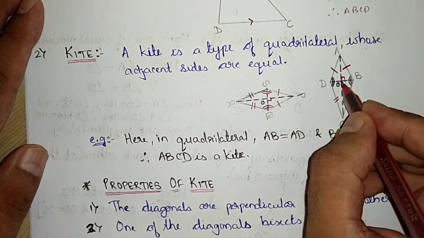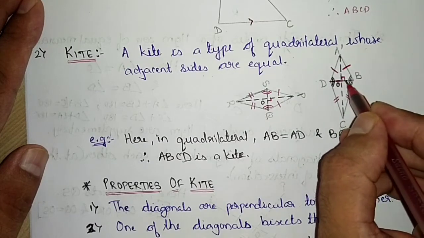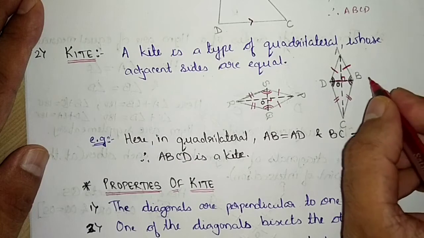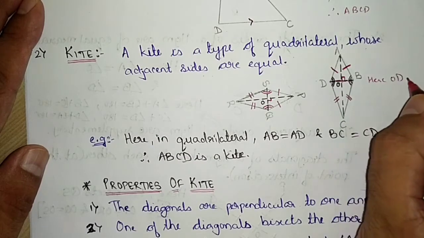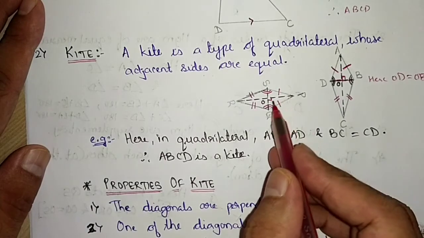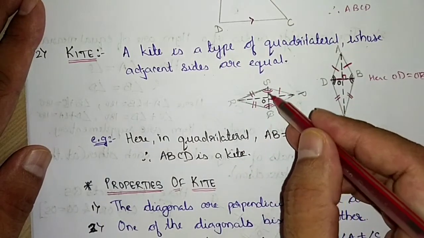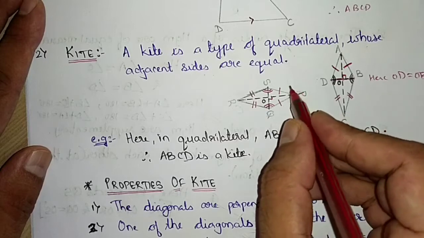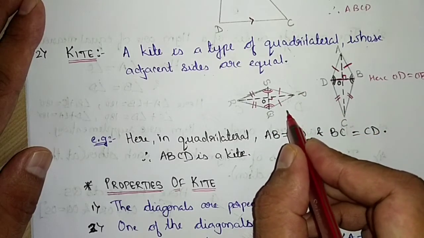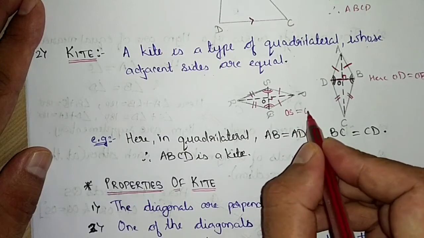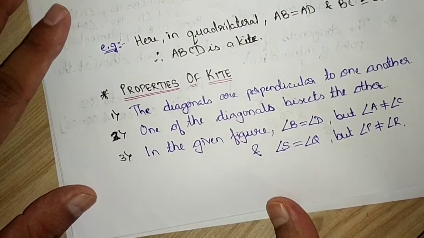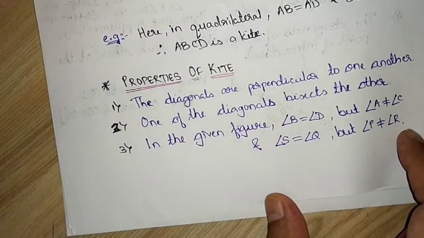Bisect means making the two parts OD and OB equal. That is, here OD is equal to OB. Here PR is bisecting SQ, which means SQ is divided into two equal parts, that is OS is equal to OQ. Hope you have understood.